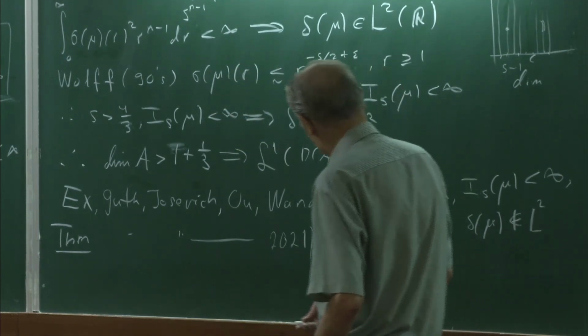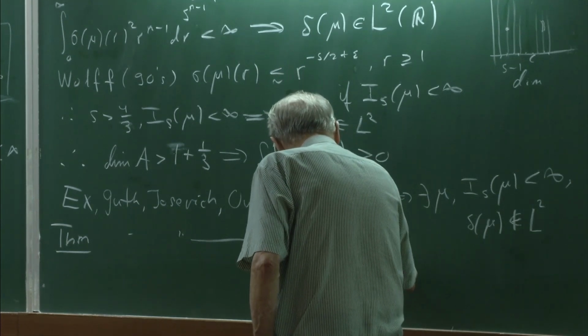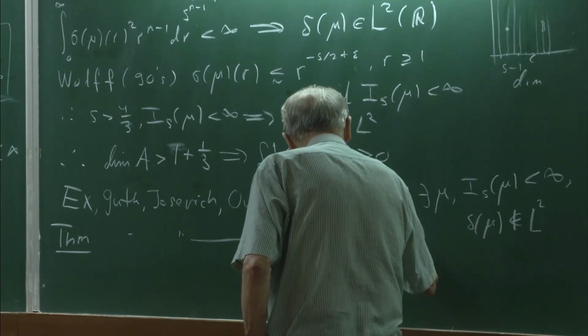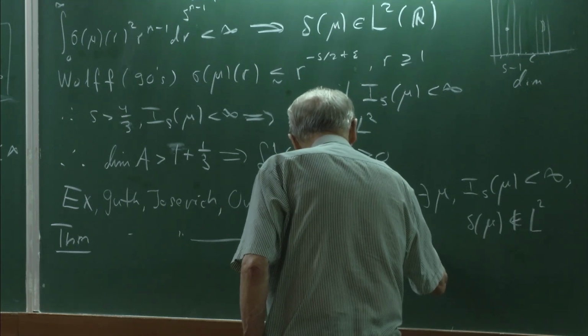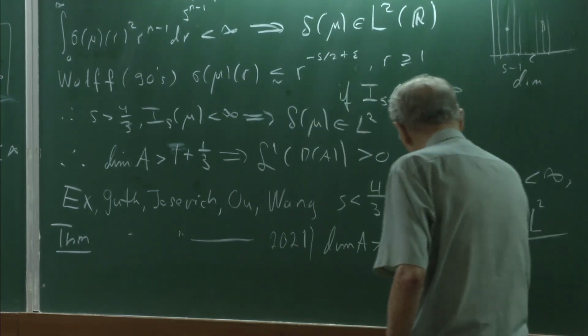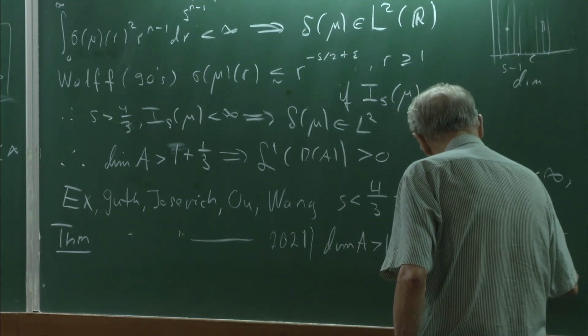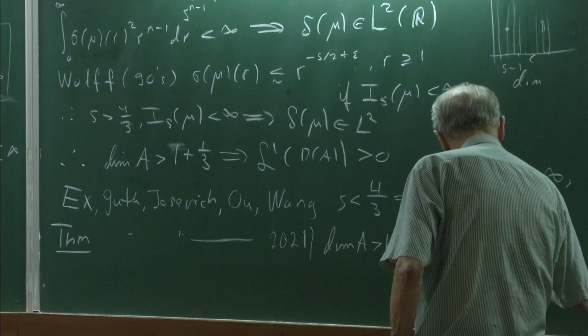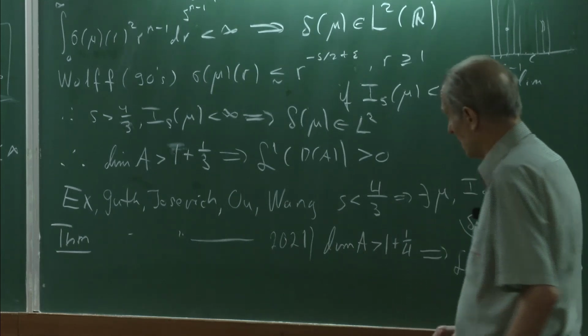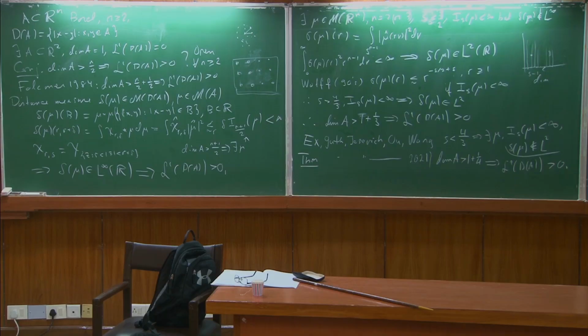It could also be 19, which says that if the dimension of A is bigger than 1 plus 1 over 4, which is 5 over 4, then the distance set has positive Lebesgue measure. And this is the best that is known in the plane at the moment. So there is still a gap of 1 over 4 to this conjecture.